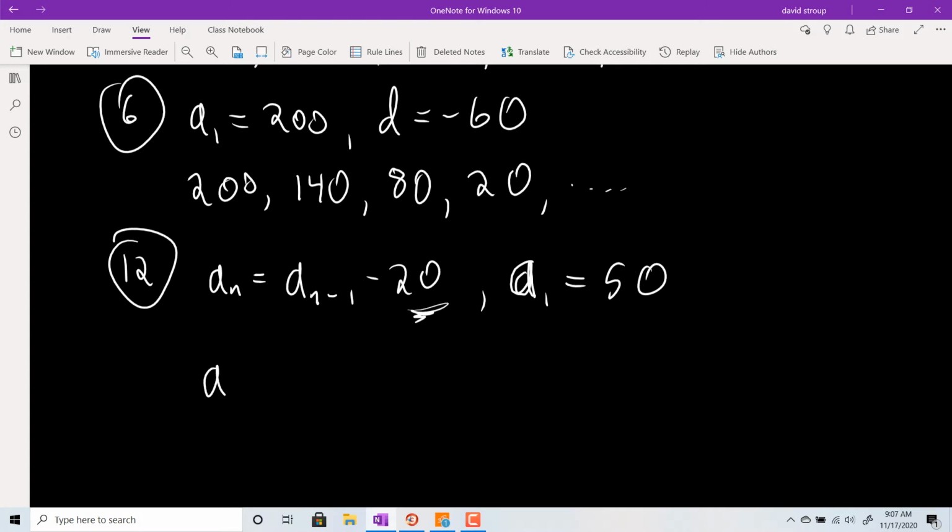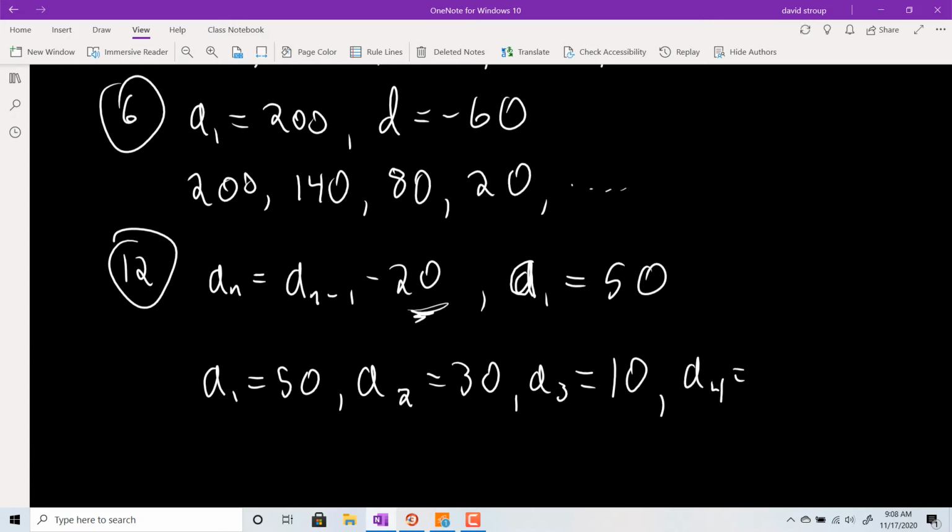Okay, so a sub 1 is 50, and then a sub 2 is just a sub 1 minus 20. So again, the D number is minus 20. So a sub 2 is 30. A sub 3 is going to be 10. And then a sub 4 goes negative 10. And then it would go on and on.